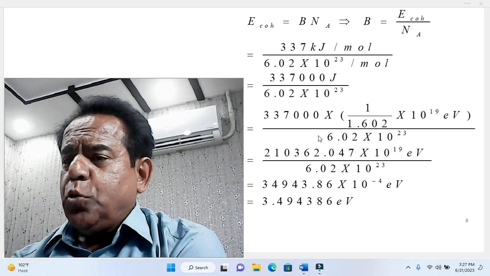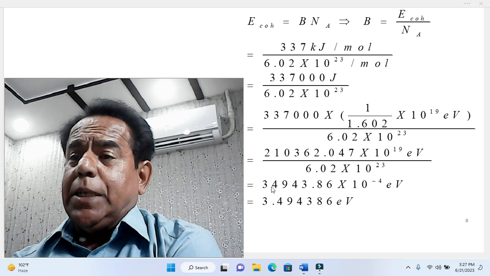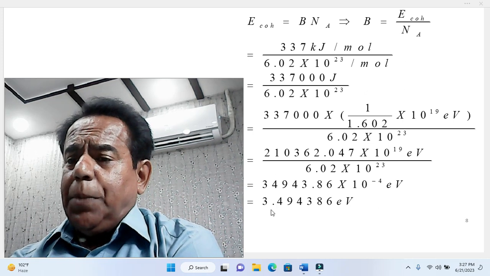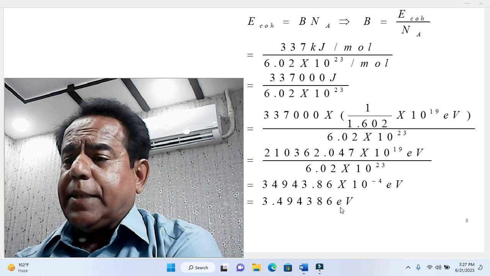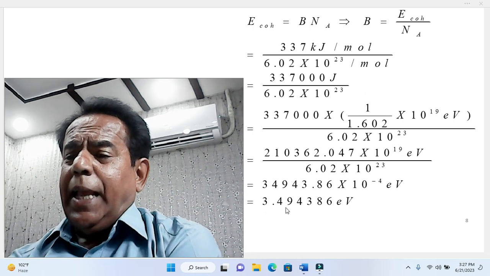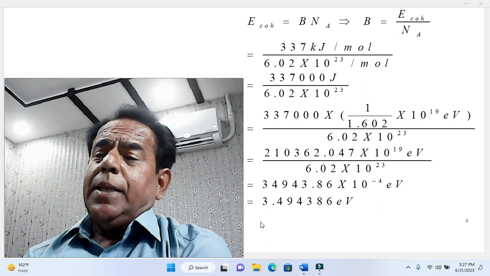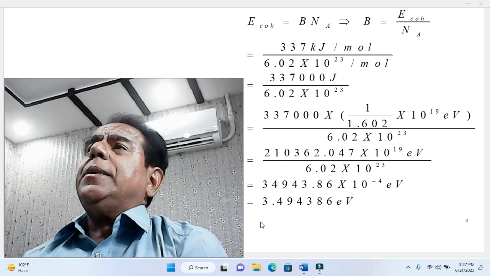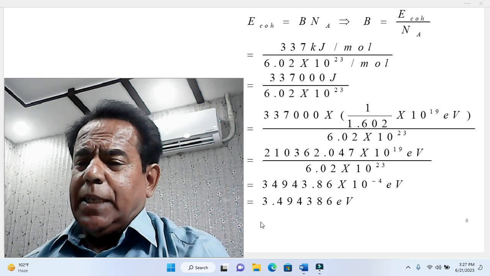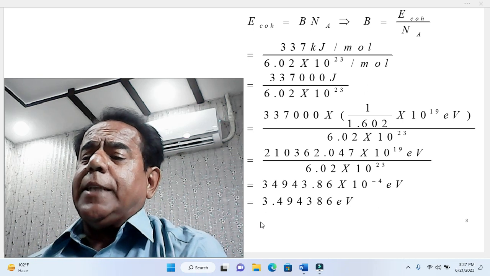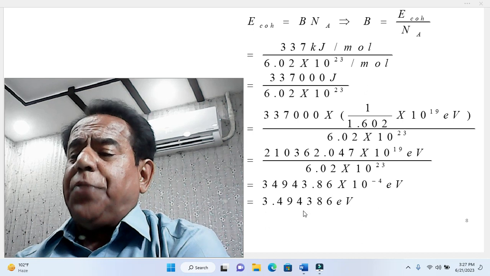Okay, so after simplification, binding energy will become 3.49436 electron volt, and we can reduce it to only one decimal place as 3.5 electron volt.